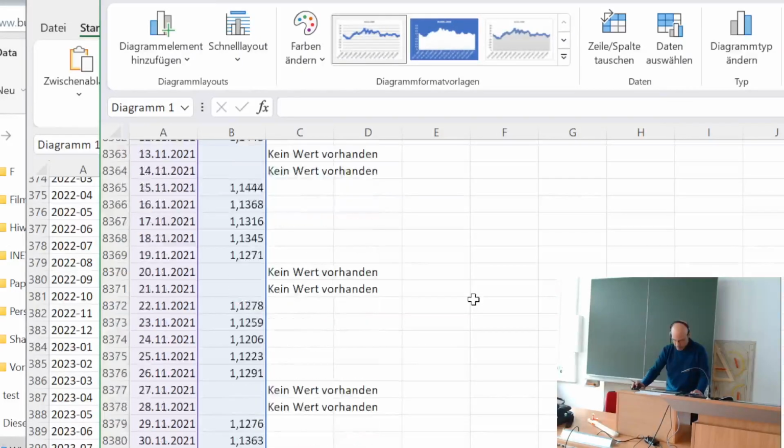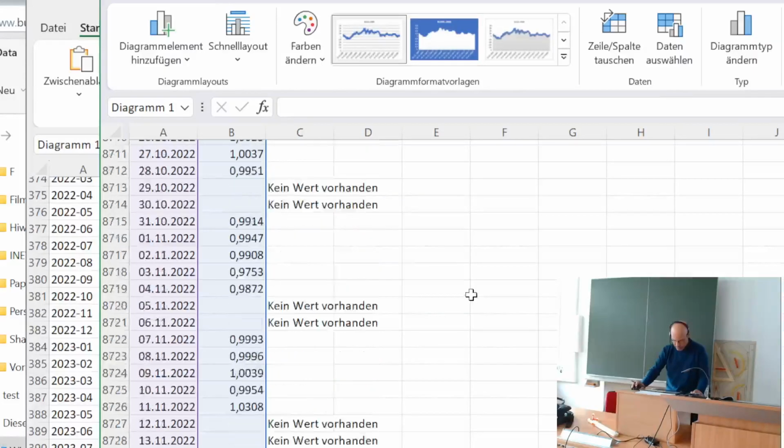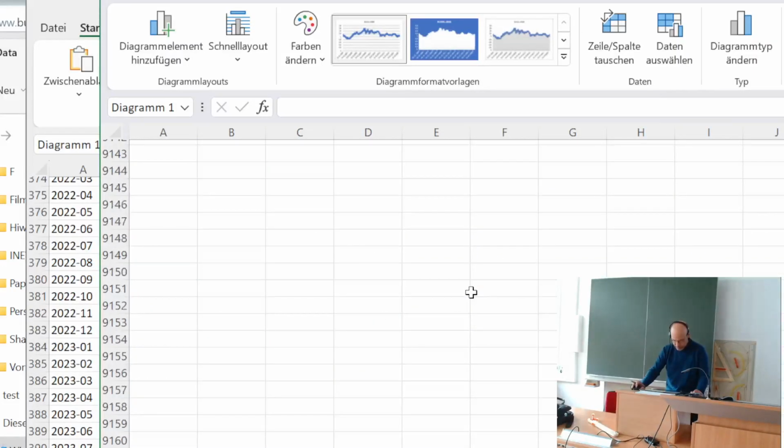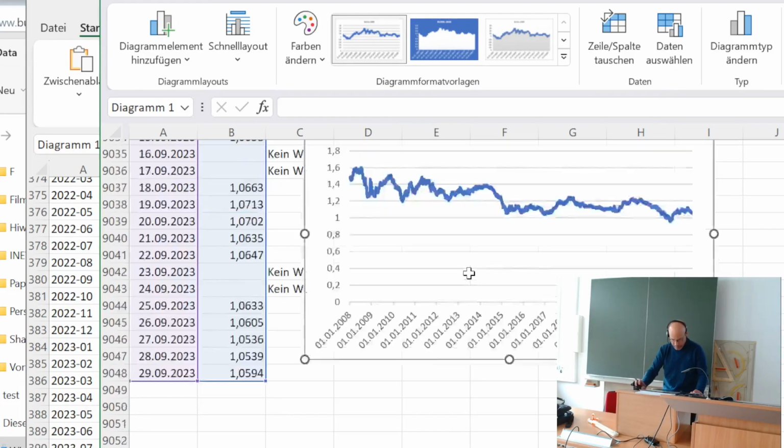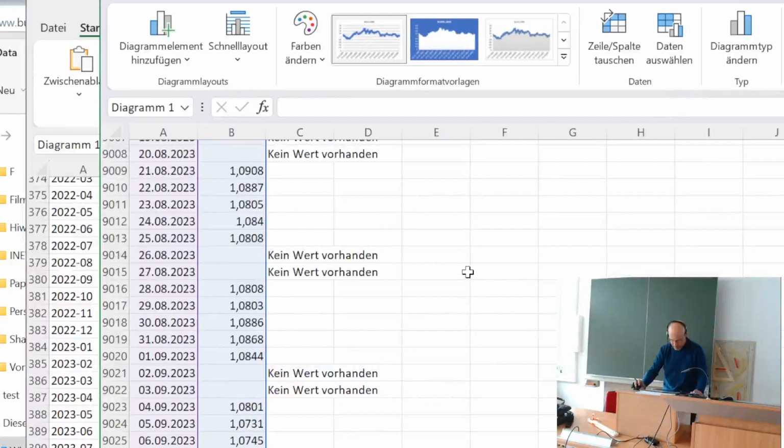So here's my diagram. Should be a number here. There it is.